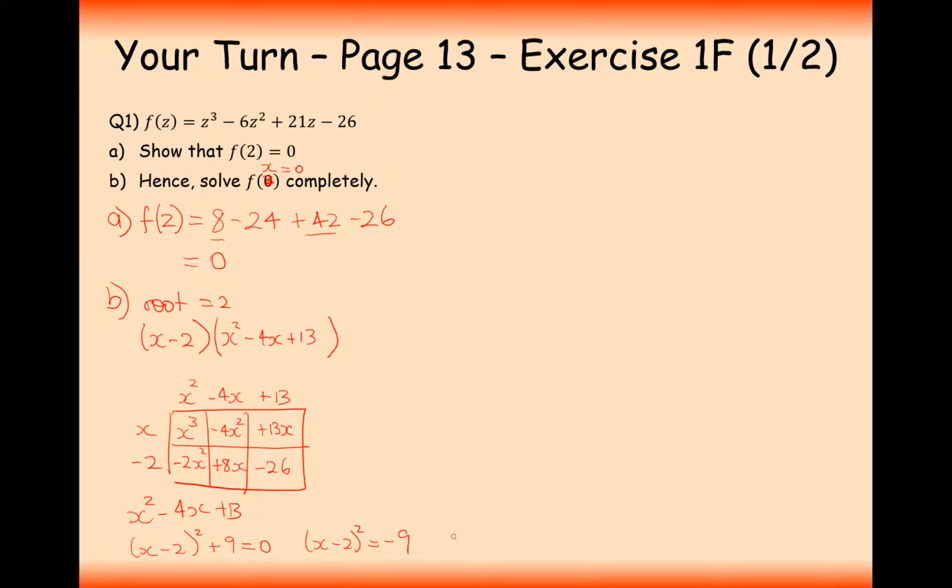When we square root both sides, we'll get x minus 2 equals plus or minus 3i, because it's a negative 9 being square rooted. Square root of 9 is 3, square root of minus 1 is i. So here we're going to get x equals 2 plus or minus 3i. So here are our roots, 2, 2 plus 3i, and 2 minus 3i.